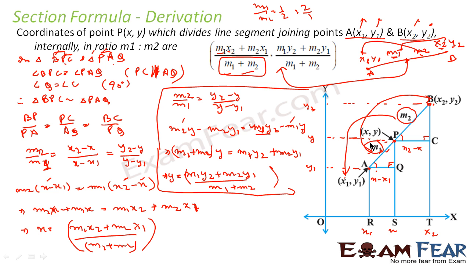For y also same thing, you take m1, multiply with y2, and you take m2, multiply with y1. So m1y2 plus m2y1 divided by m1 plus m2. Try to remember this formula. This formula is very, very crucial. We'll have to solve a lot of questions based on this formula.